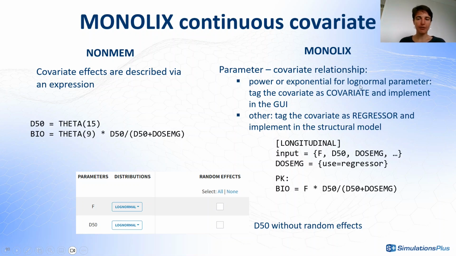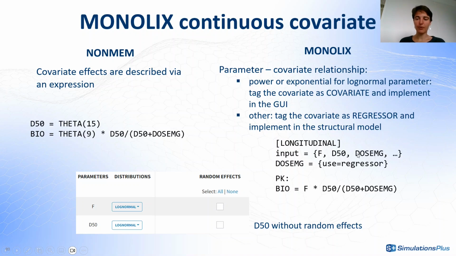We have seen in the graphical user interface that we can easily have either an exponential relationship or a power law relationship on a log normally distributed parameter, but that's not our case here. If I want to implement something like this, and it would also be the case if I want to implement a time-varying covariate, for instance, then I need to tag my dose milligram column as a regressor instead of having it as a covariate. And then I need to implement its impact directly in the structural model.